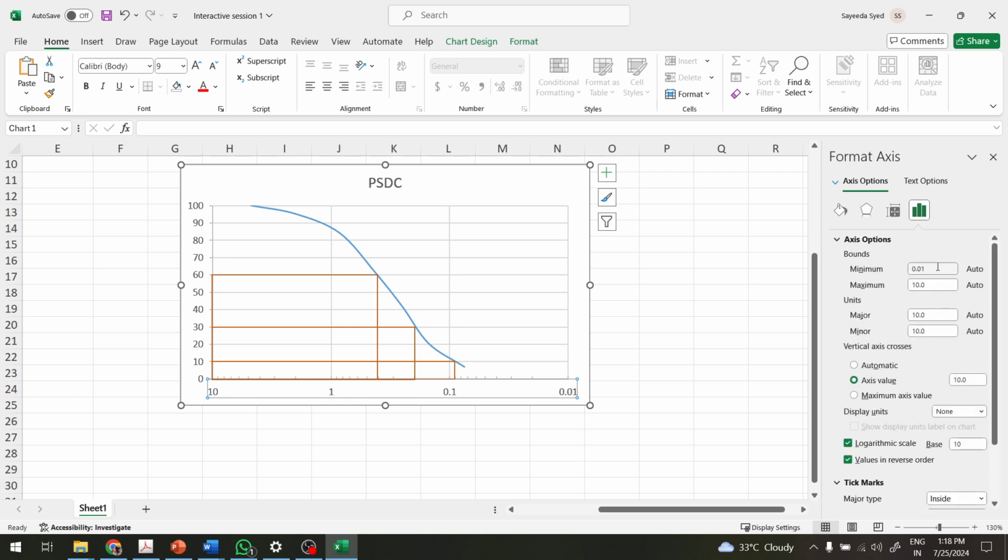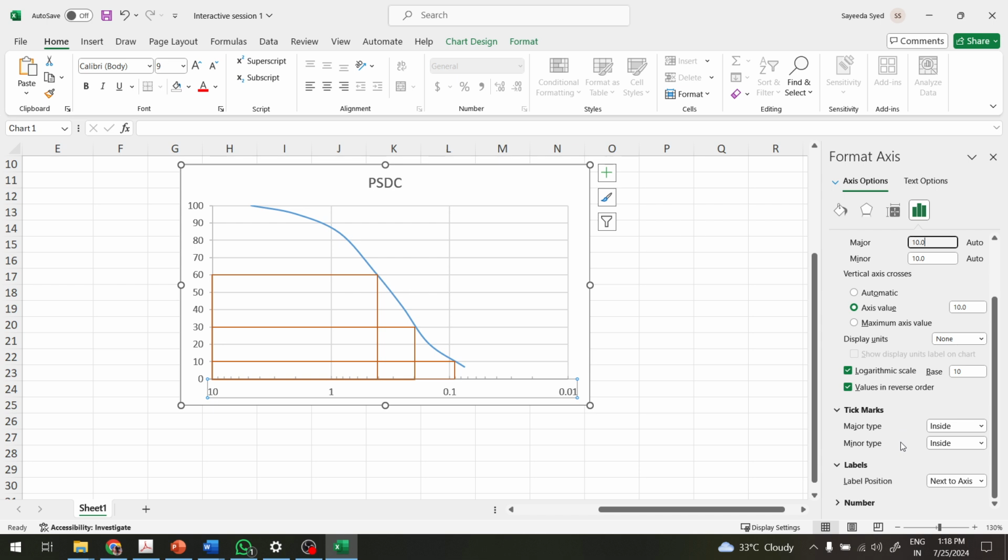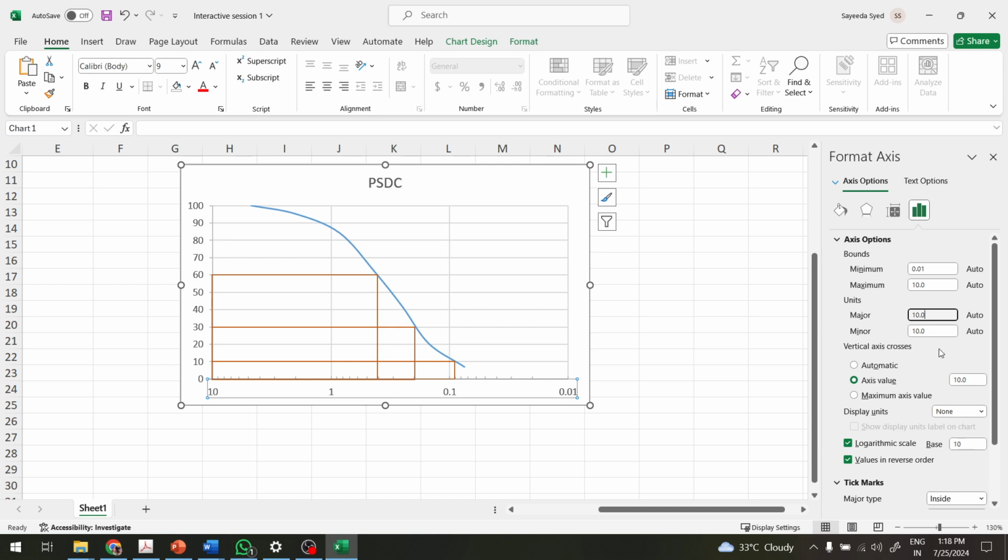And major at 1, minor at 0.1. Okay, these are the units.